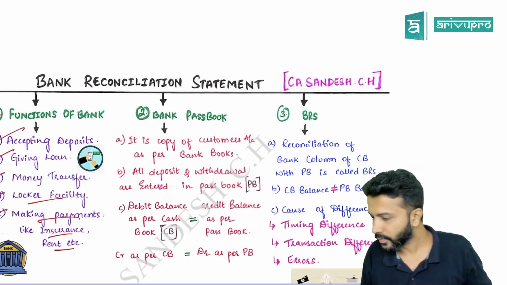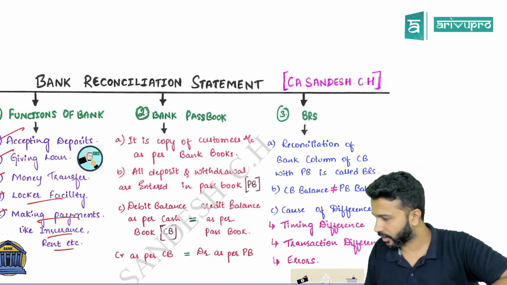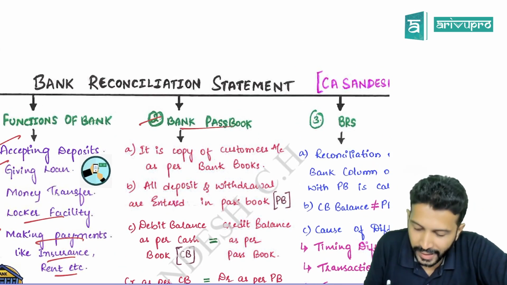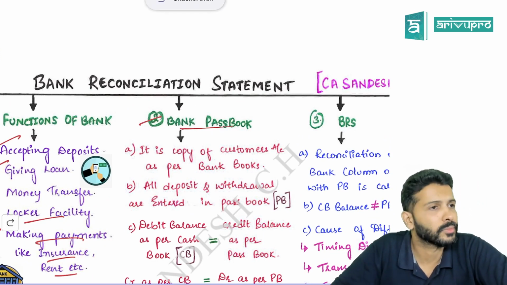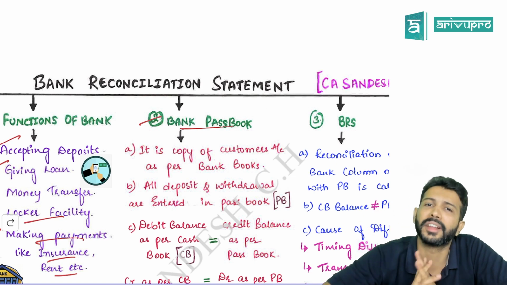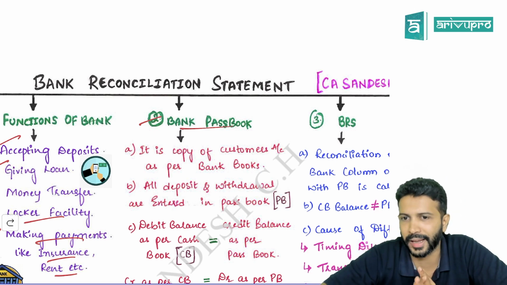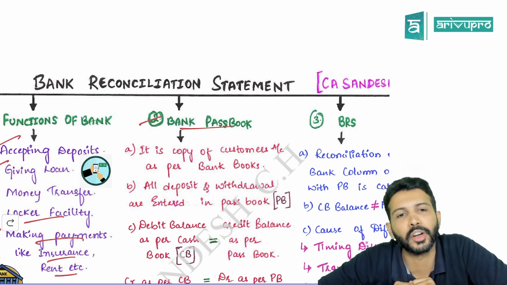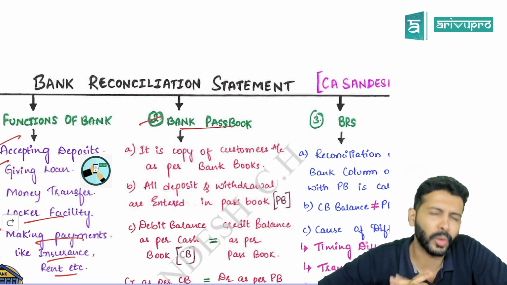All right. The main thing that is relevant for us now is the bank passbook. I think many of you have bank accounts. Whenever you open a savings bank account, the bank will issue one book that we refer to as the bank passbook.